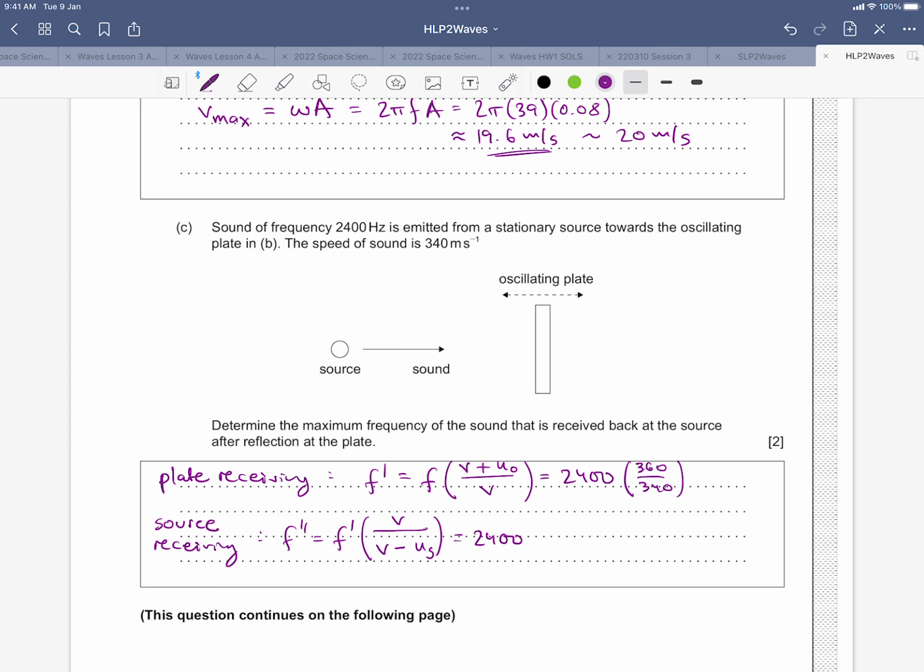So f prime is this, and then I have v 340 over 340 minus 20, 320. This cancels out, and you actually just get 2,700 hertz. 2,000, that's a 7, not a 2. Whoops. 2,700 hertz. Okay, that was an interesting problem.